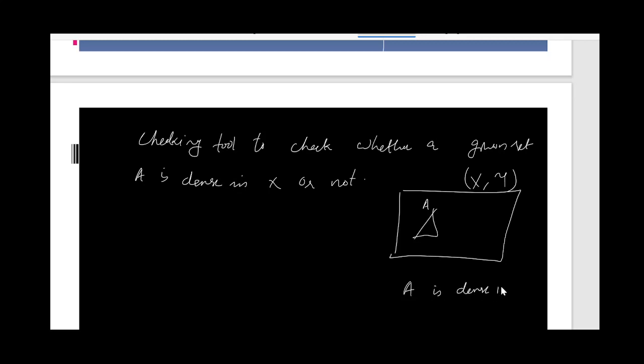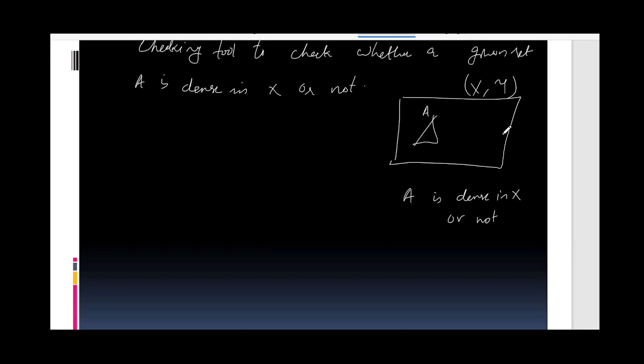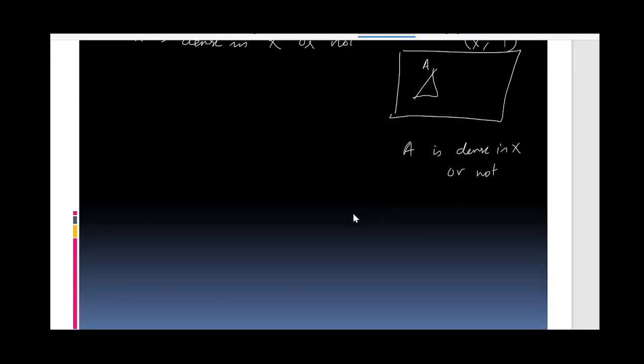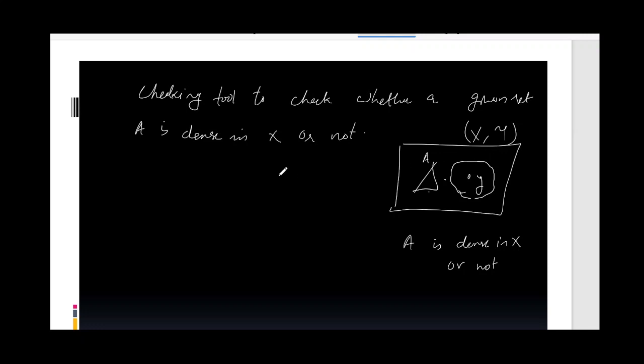So in order to prove that it is not dense, we want to get at least one neighborhood of some point in X, such that it is having a neighborhood which does not have non-empty intersection with A. Once you prove this, we can see that A closure is not equal to X, or A is not dense in X. Okay, so it's a checking tool for proving something is dense in X or not.